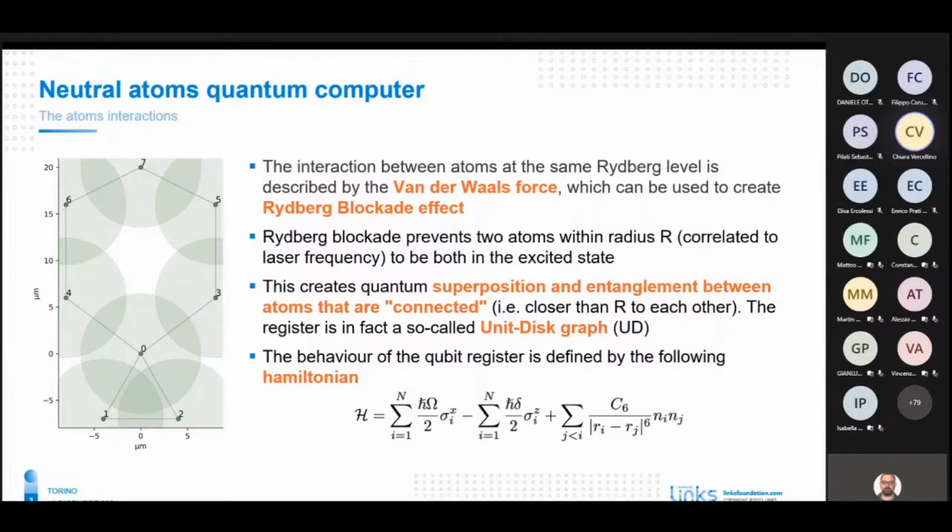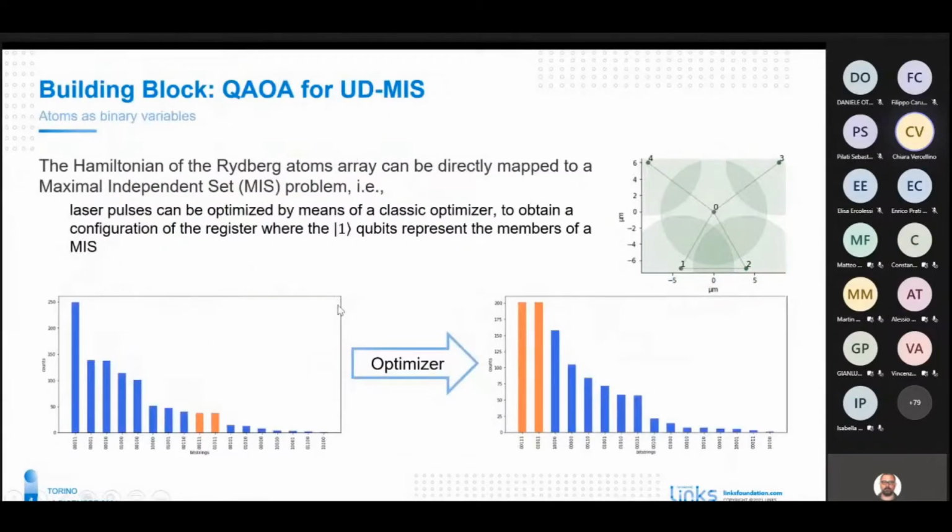This overall problem is, from an optimization point of view, a MIS problem, a maximum independent set, in which the objective is to maximize the number of atoms that are in the Rydberg state, so the one state.